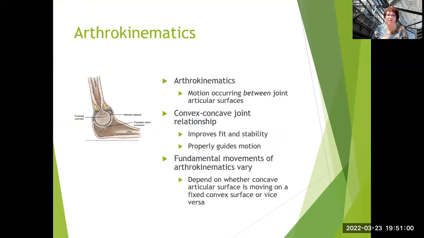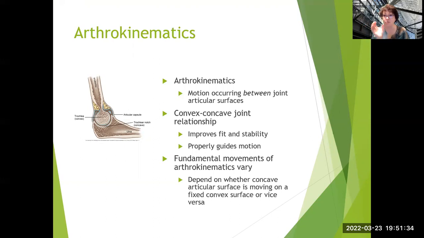Arthrokinematics is the motion between articular surfaces. Generally, the articular surfaces of a joint are curves, with one surface being relatively concave and one being relatively convex. The convex-concave relationship of joints improves joint congruency, which is fit, and it improves the stability of the joint. It helps to guide the motion between the bones.